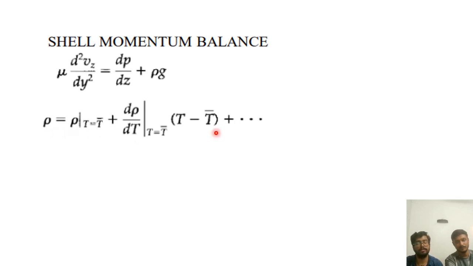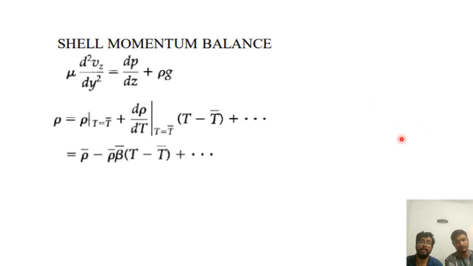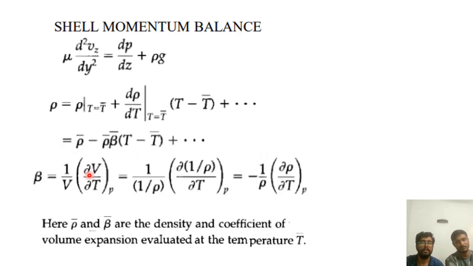We got this expression of rho. We neglected the higher and second order terms. Then we introduced the coefficient of volume expansion, and after introducing it, we write another definition for rho, and beta is defined as 1 by v into dv by dt.